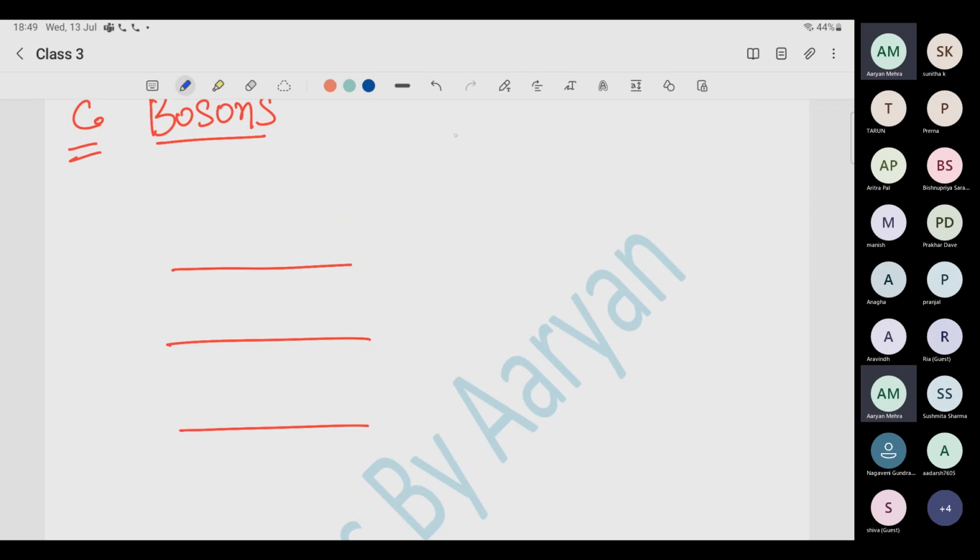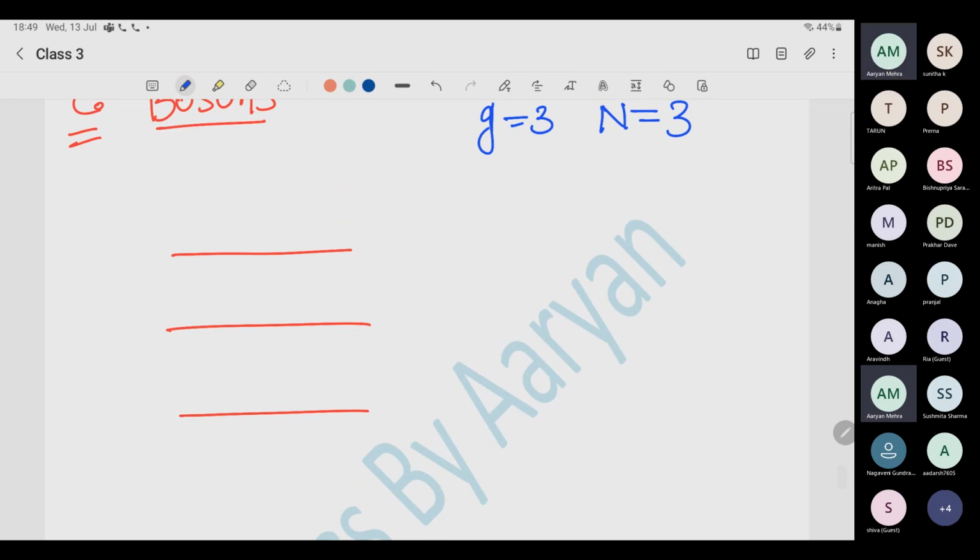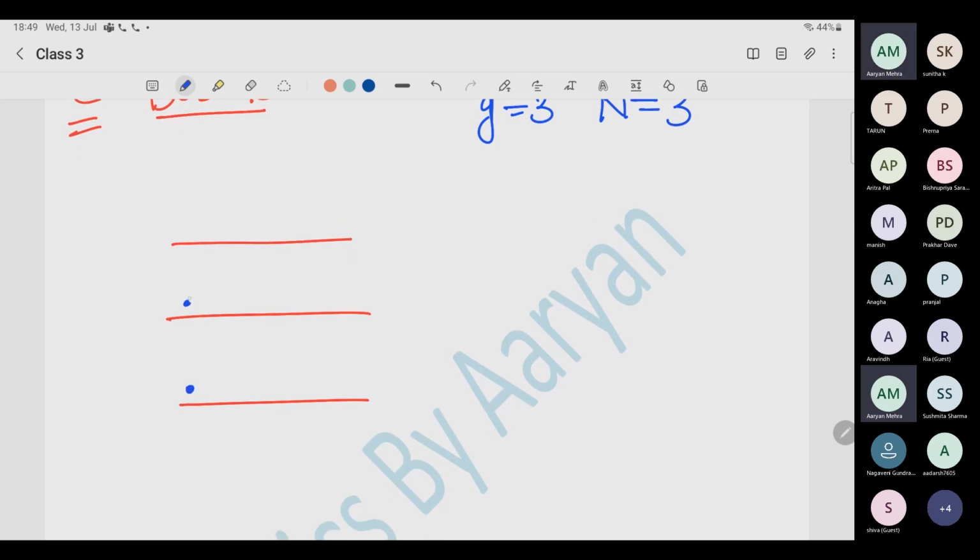Okay. So let's say there are 3 energy levels. Any energy levels you can imagine to understand the question, and there are 3 particles. So what are the number of ways? One idea is to put one particle in all 3. Second idea is to put 2 particles in one and one in another.